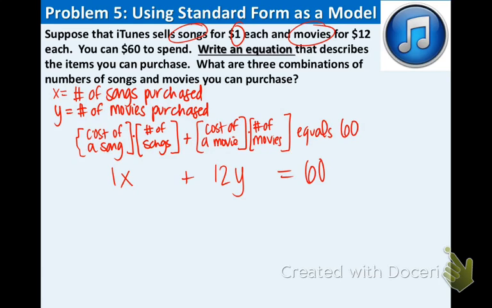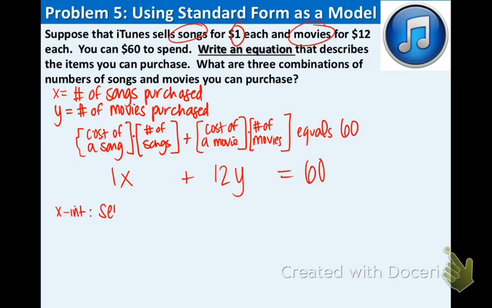Now, after writing an equation, we need to come up with 3 combinations of number of songs and movies that you can purchase. So, fitting with this lesson, how about let's find the x and the y-intercepts. If we find the x-intercept, we are looking for the number of songs purchased if you purchase 0 movies.